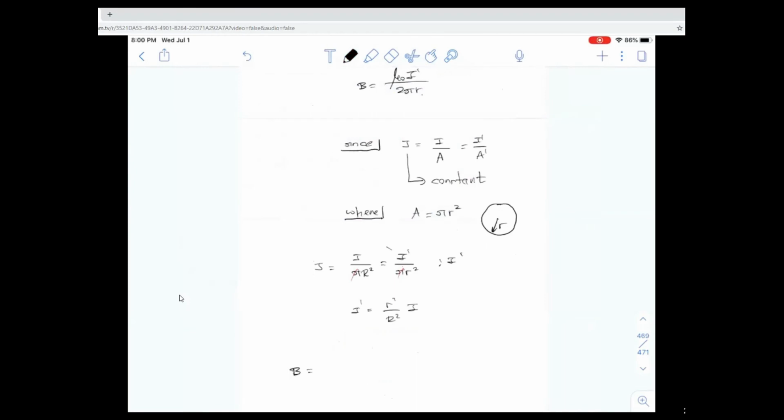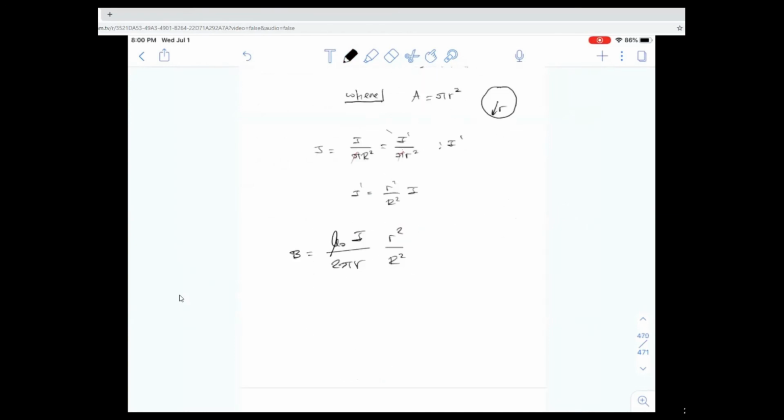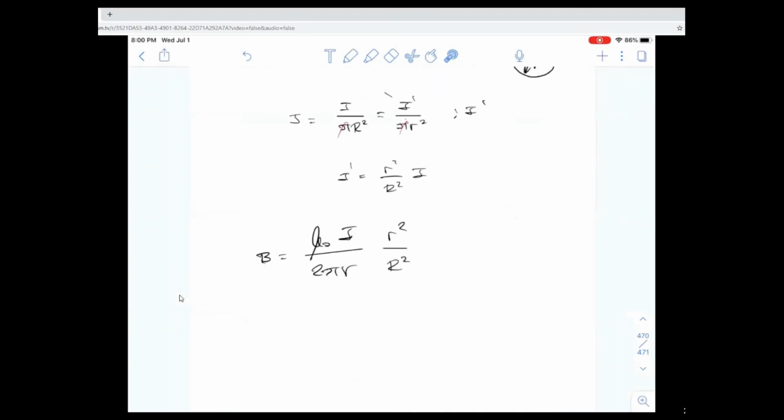So the strength of the magnetic field inside. It's going to be r squared divided by capital R squared. And then here's the total current. I'll just place it there. Okay, so there's going to be a cancellation here. Literally, the only variable that we have is this.